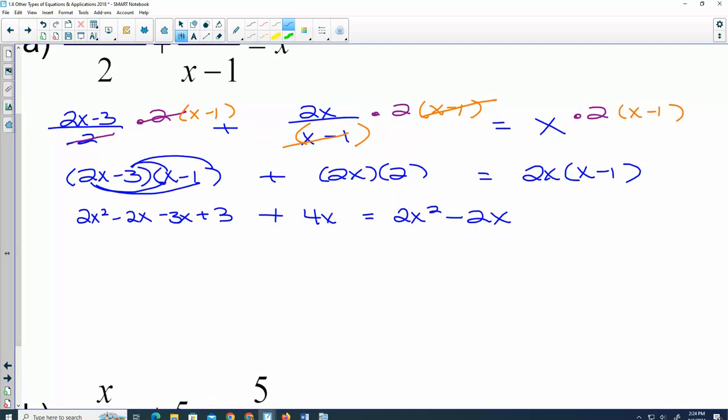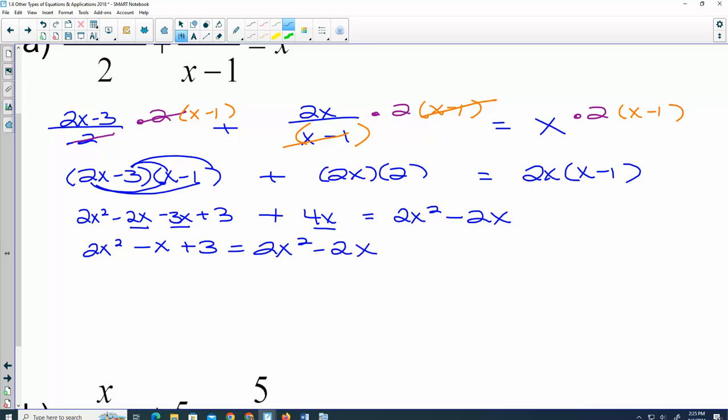Okay. Combining like terms. So we have 2x squared, negative 2x, negative 3x, and positive 4x. What's that give me? Plus 3 equals 2x squared minus 2x.